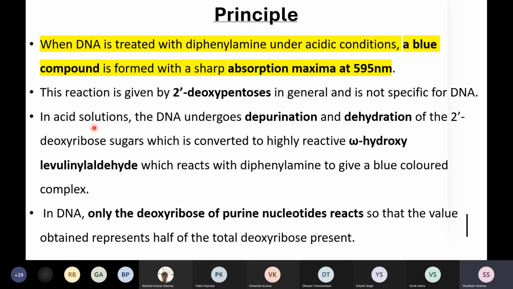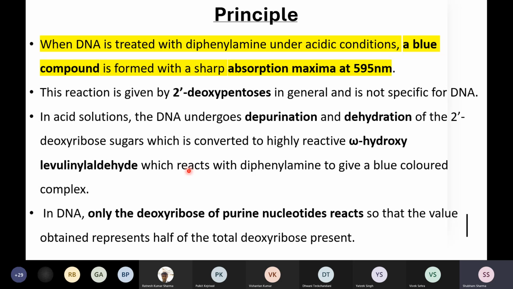What happens in this reaction is that when we treat the DNA in the acidic solution, the DNA undergoes depurination and dehydration. Depurination, that is the nitrogenous bases, the purines, are removed, and the DNA chains are hydrolyzed, and the pentose sugar undergoes dehydration so that this 2-deoxyribose sugar is converted into a very highly reactive compound called omega-hydroxy levulinyl aldehyde.